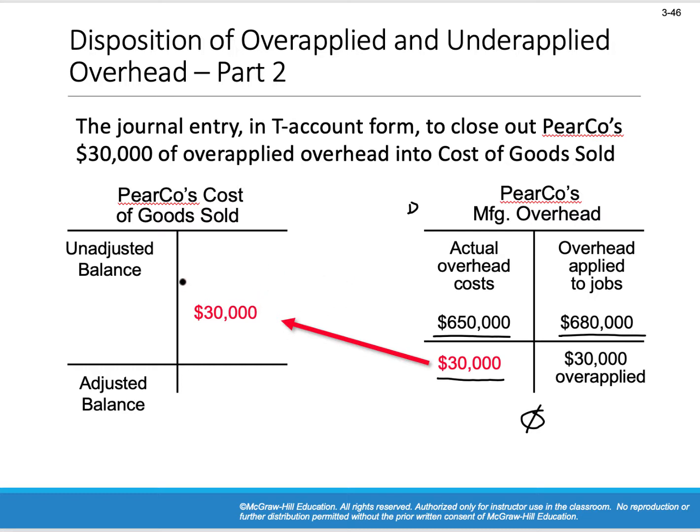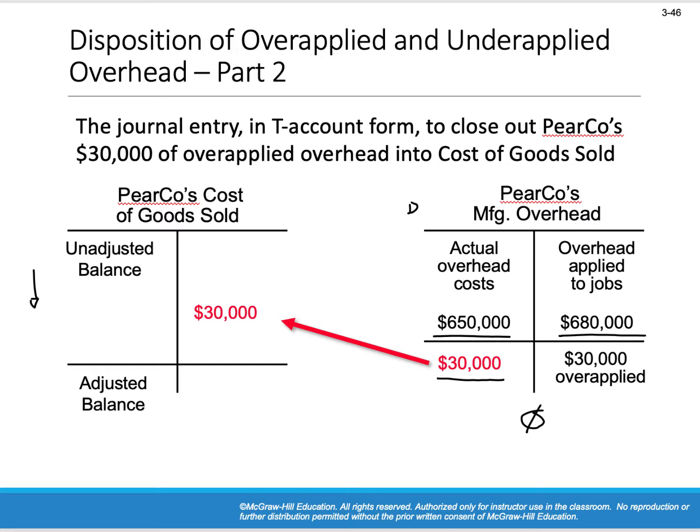So because we over applied here, our unadjusted cost of goods sold is too high. We need to bring it down. How do we do that? With a credit or a right side entry to the cost of goods sold T account. That's how we're going to apply it. Okay.